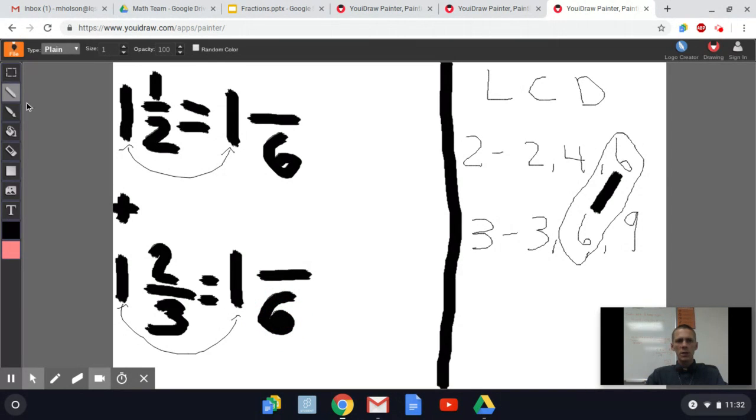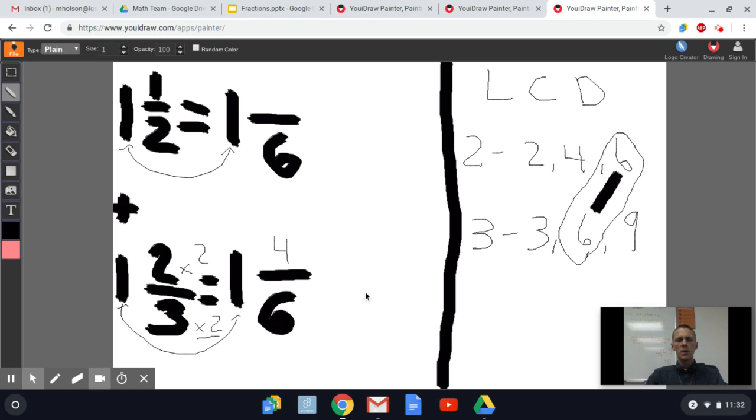And all I need to do is find my top numbers. So let's take a look. 3 times what number is 6? Perfect. 3 times 2. So whatever you do to the bottom, remember you do to the top. So 2 times 2 gets you 4.